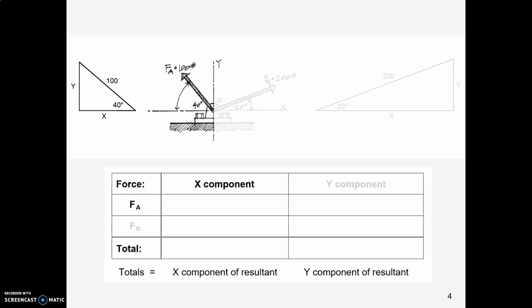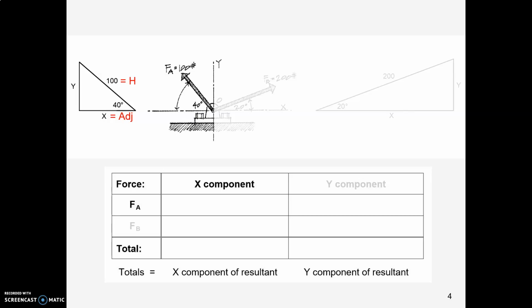So let's start by finding the components of that first force, force A. It's 100 pounds, and I've drawn a triangle to represent that force, 100 pounds at a 40-degree angle. And let's find its X component first. So that's what I'm showing in this table here. And that 100-pound force is the hypotenuse of the triangle.